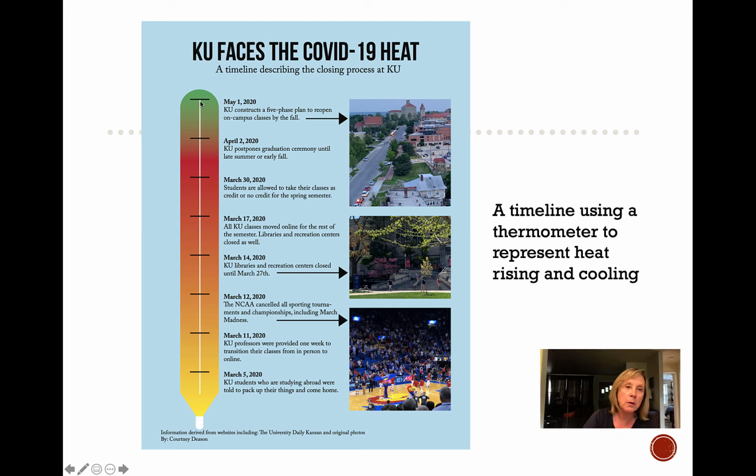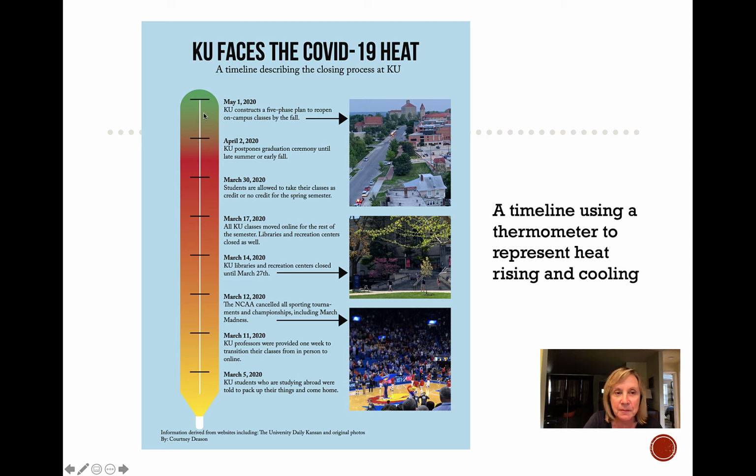So the color visually represents, even without looking at the timeline, what was going on at the University of Kansas at that time. She could have done this with just one color, but think about how much more effective this is because she used the color gradient. It's emotional to be able to see this color going from yellow to red and then back to green.